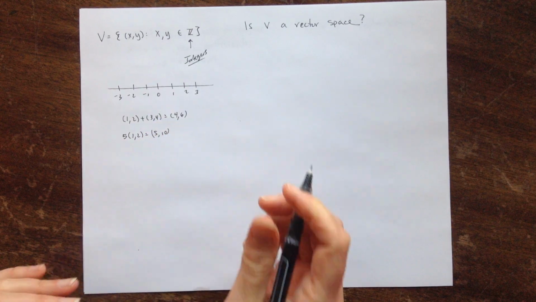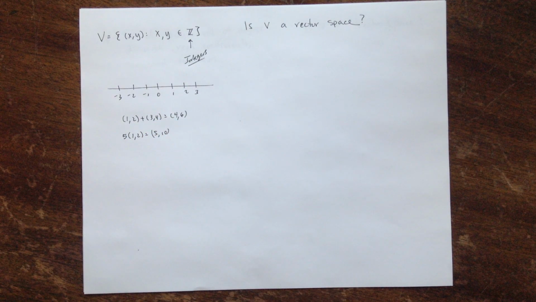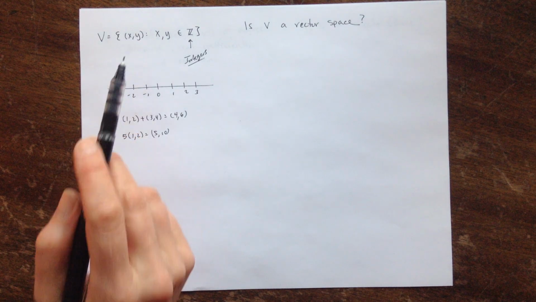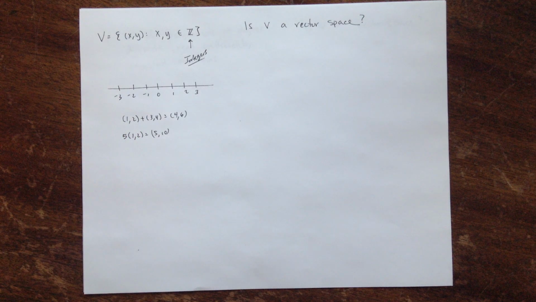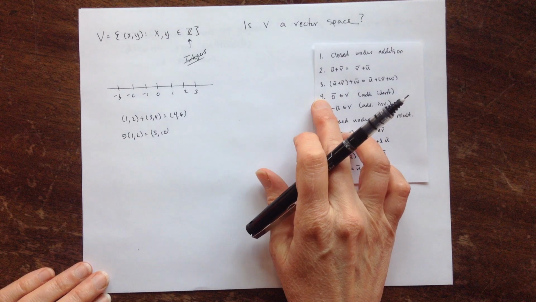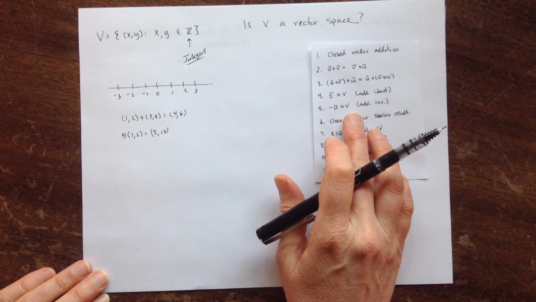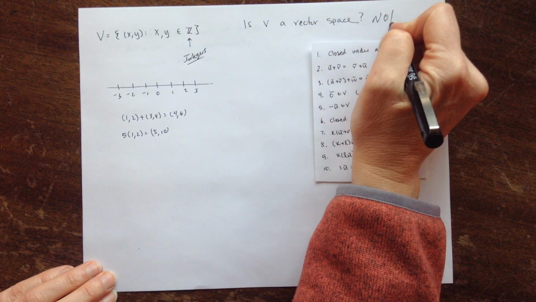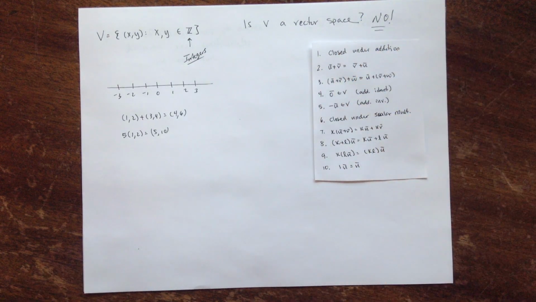So again, the standard operations, same as the previous example, but now in order to be in V, the two entries in that ordered pair have to be from the integers. So we want to see if this is a vector space. Are all of these axioms satisfied? And the answer is no. This is not a vector space.